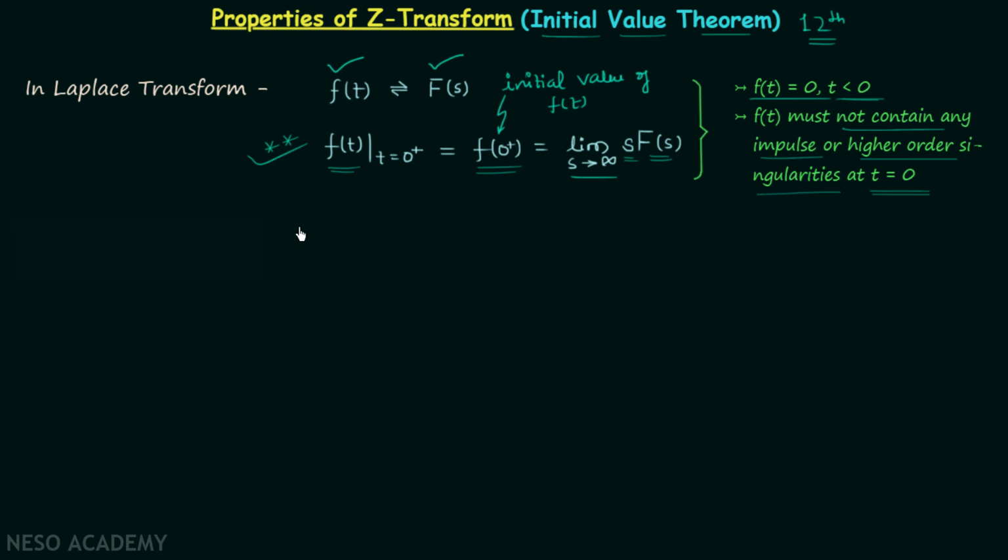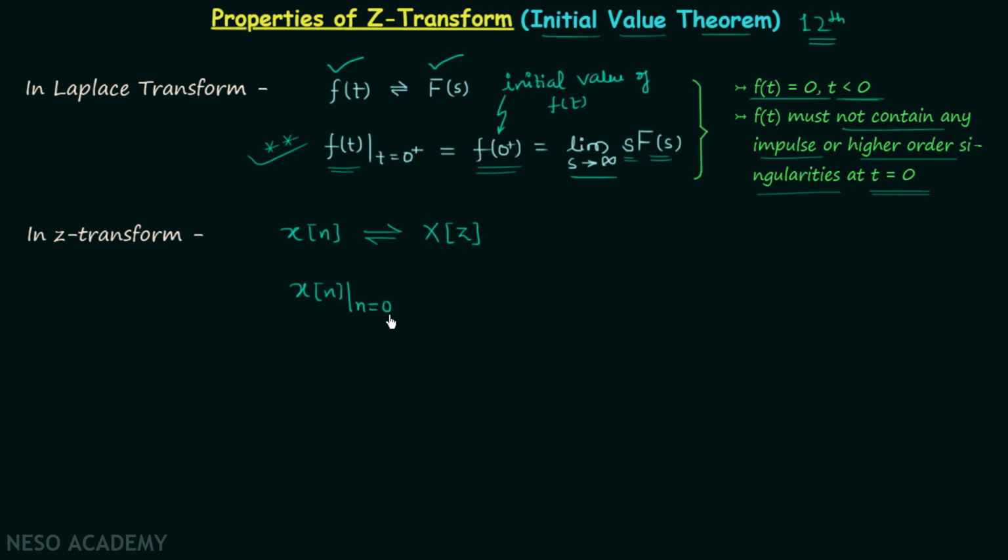Now we will move on to the initial value theorem in Z transform. Let's say there is a discrete time signal x[n], and this discrete time signal is having the corresponding Z transform equal to X(z). Then we can have the initial value of signal x[n], that is x[n] calculated when n is equal to 0.